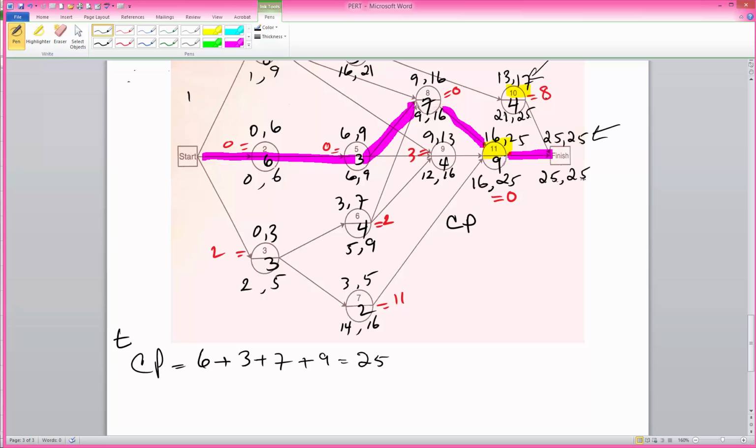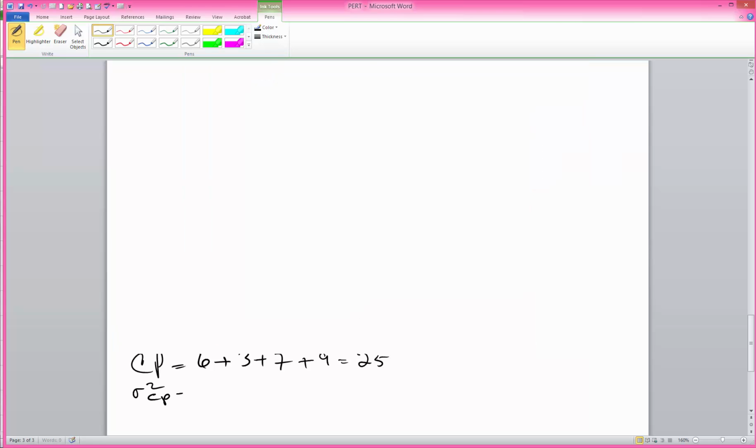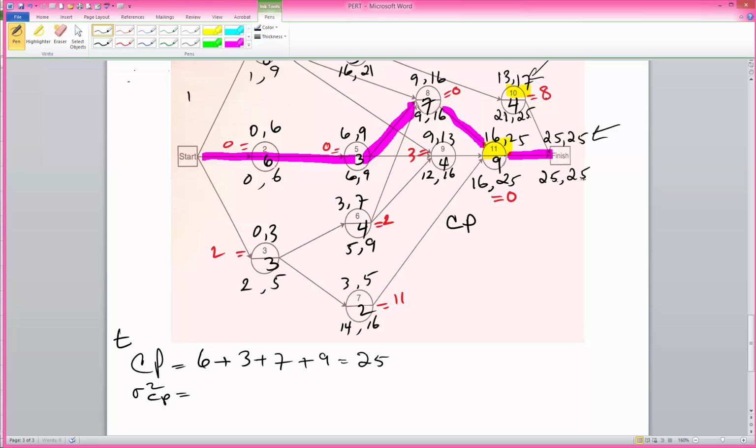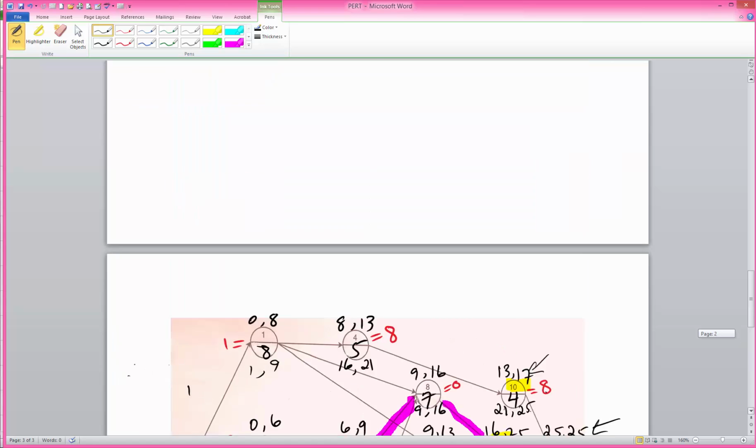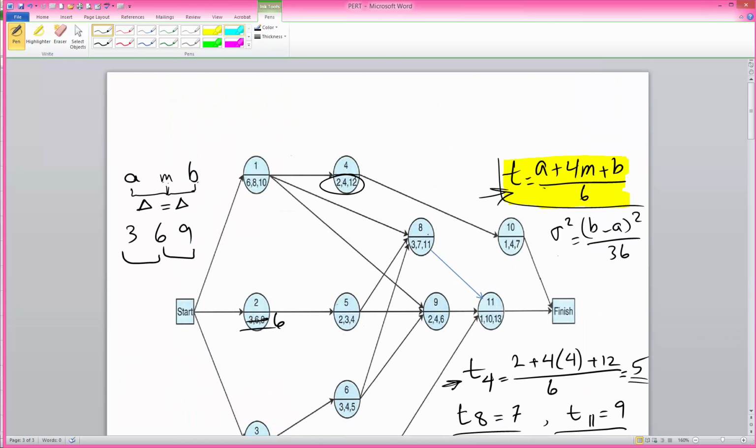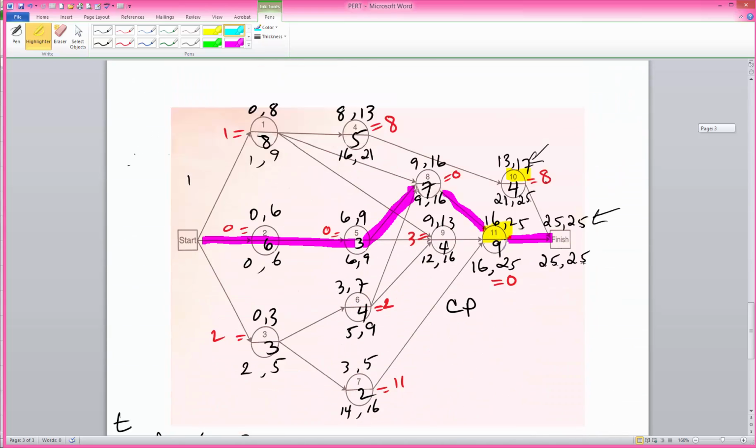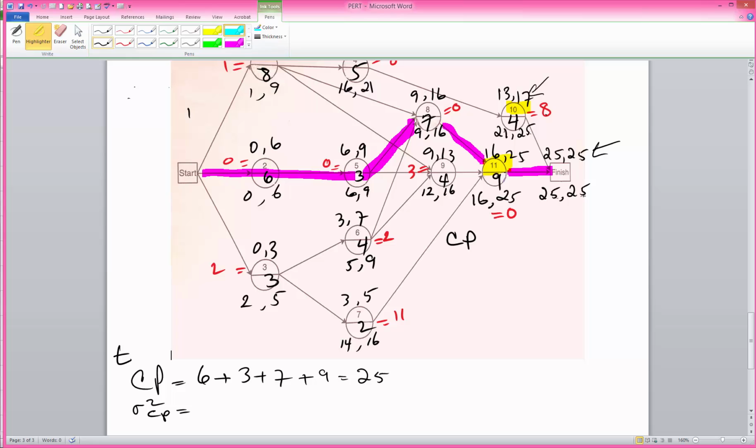We can also compute the sigma squared for the critical path, or variance. That would be the variance for each activity using the equation here, where we find the range for the activity time, square it, and divide by 36.